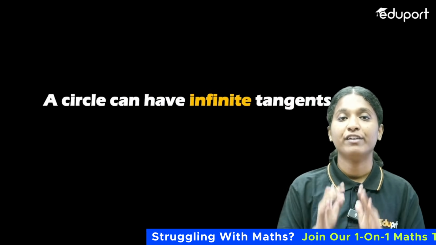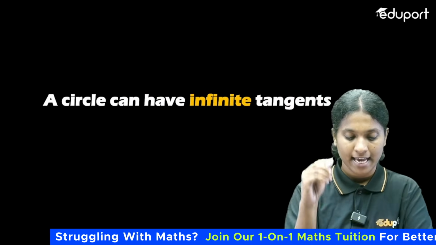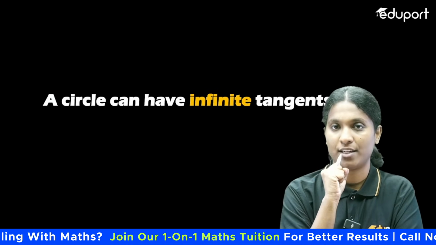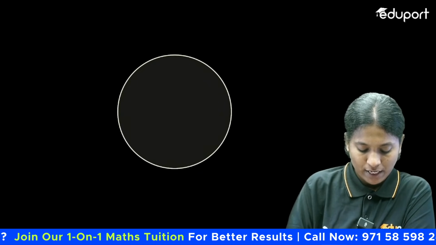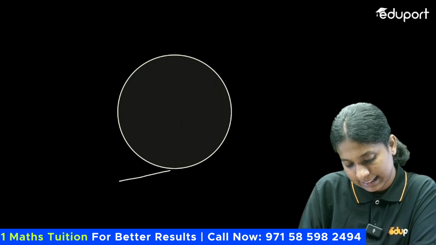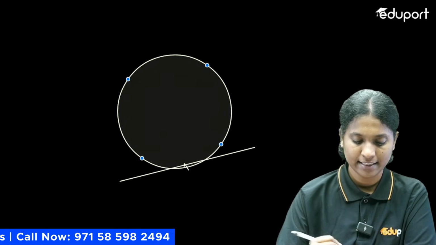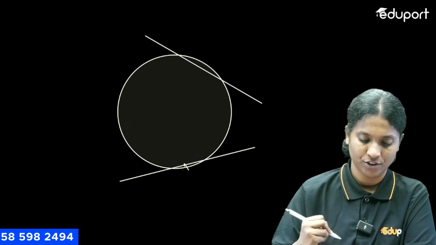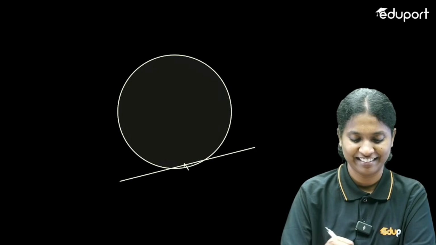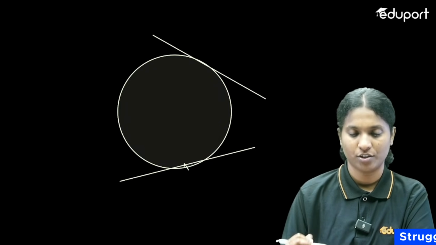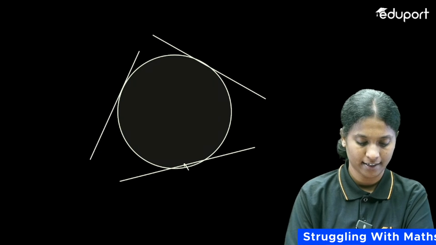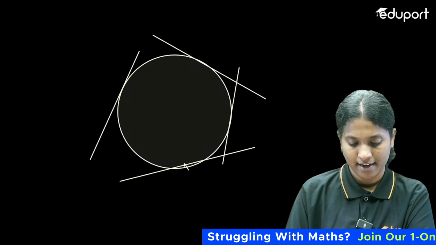Now, a circle can have infinite tangents. Here you can see a circle, and this is a tangent at this point, and taking another point, another tangent. Now here another tangent, and here another tangent.